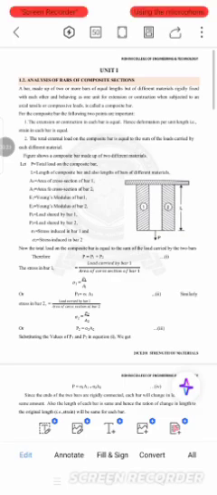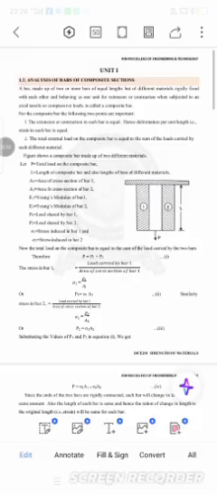For composite bars, the following points are important. The extension or contraction of each bar is equal, hence the deformation per unit length is equal. The total external force on the composite bar is equal to the sum of the loads carried by each of the different materials.